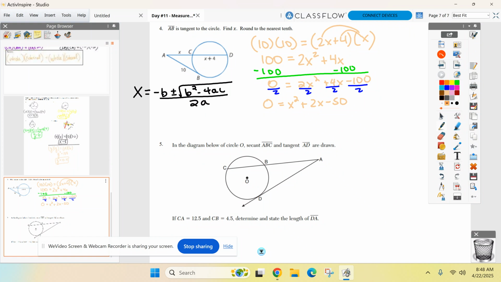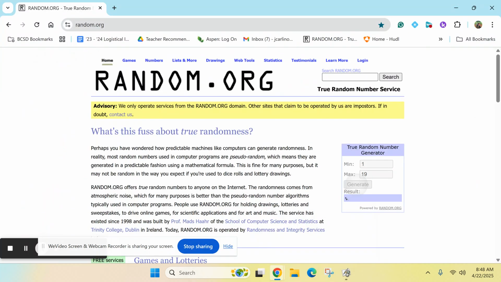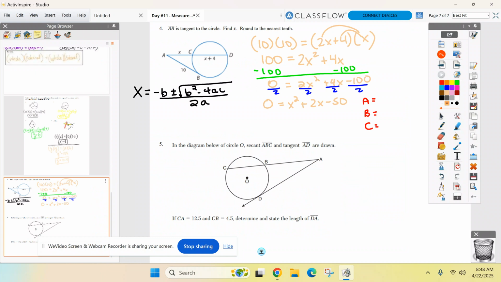Let's make sure before we substitute, we know what the a, the b, and the c values are here. All right, somebody want to help me with that one? Izzy, what's my a value in front of the x squared? 1. How about the b value? 2. And the c value? Yep.